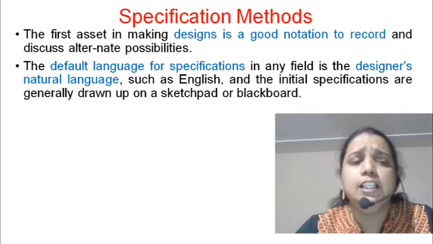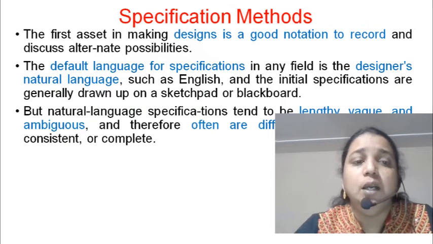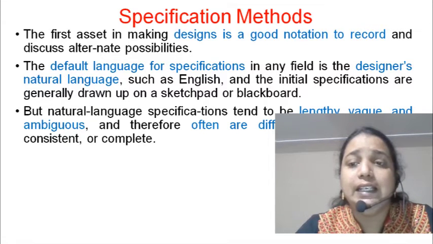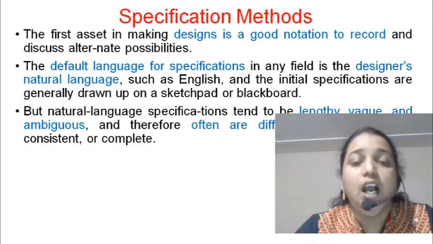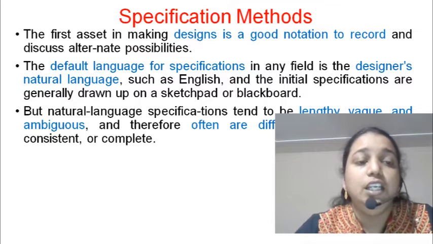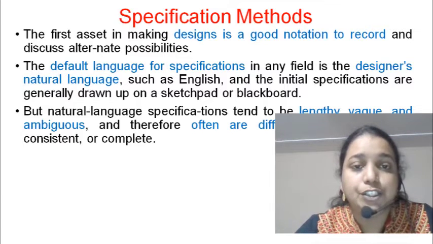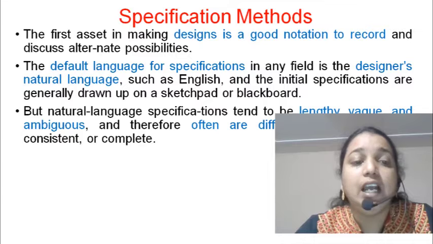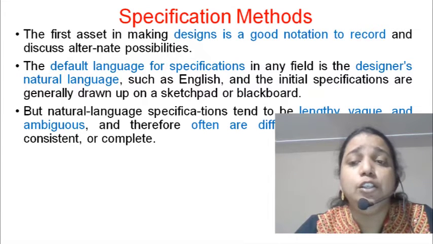But natural language specifications tend to be lengthy, vague and ambiguous, and therefore often are difficult to prove correct, consistent and complete. Even though initially we start with a natural language like English, these languages are very lengthy and vague. Some information may be missed or ambiguous, and therefore it is often difficult to prove correct, consistent and complete.